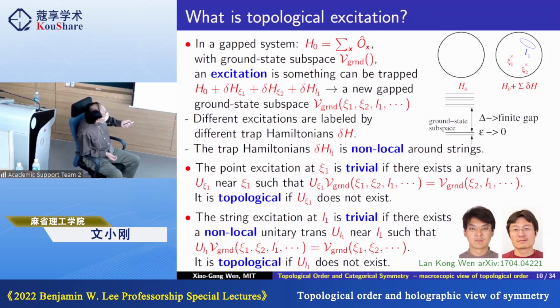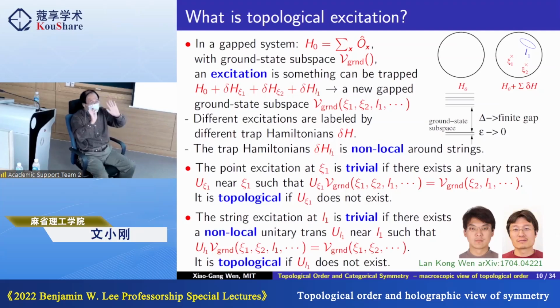Okay, so now we have something that can be trapped, but the thing trapped at site Ca1 may be trivial. So how do we know whether this particular trap is for a trivial excitation? That's really about the type of excitation. What do we mean by trivial? Suppose we have a unitary operator which only acts on the sites near Ca1, some local unitary operator.